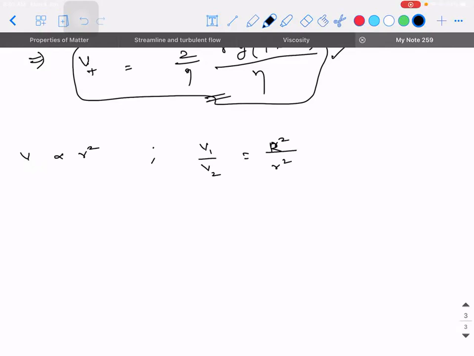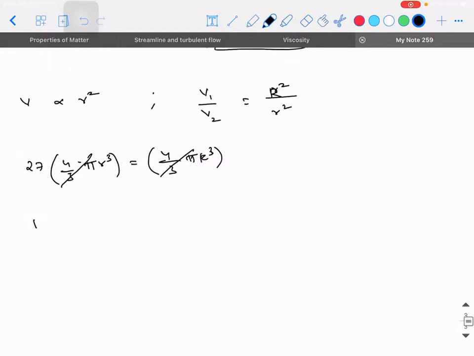So how did you get that R by 3? 27 times 4 by 3 pi small r cube will be equal to 4 by 3 times pi capital R cube. What did they apply? It is nothing but volume conservation. So small r will be equal to capital R divided by 3. So R square divided by r square is 9. This and this will get cancelled. V1 by V2 will be equal to 9. That's right. I think this is the only problem that is there.